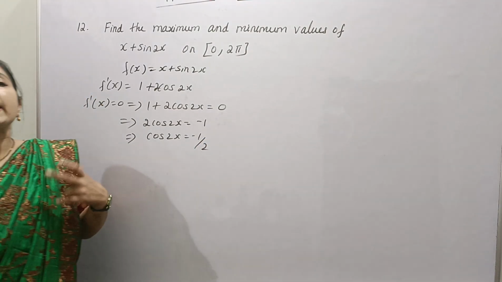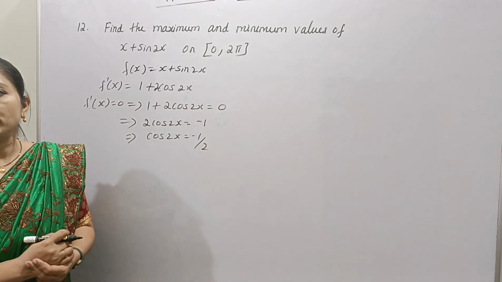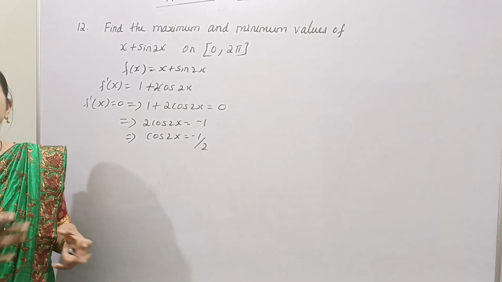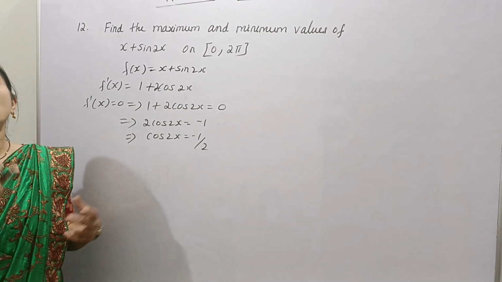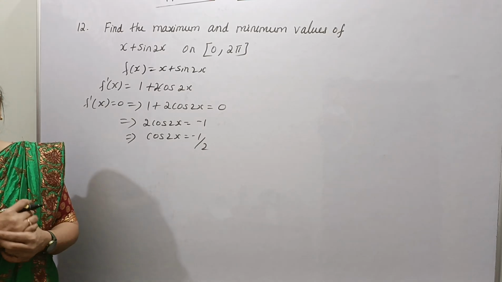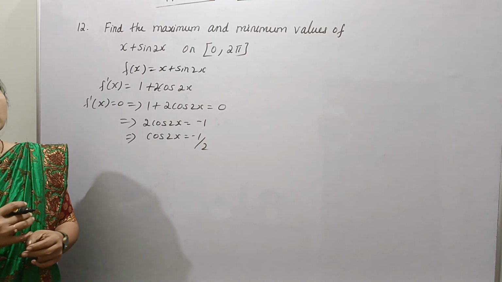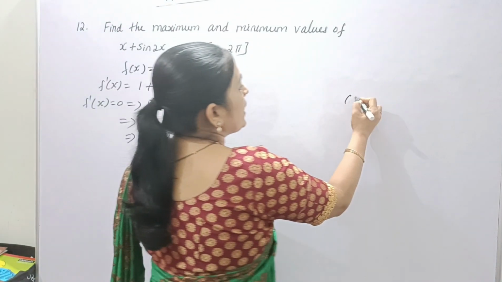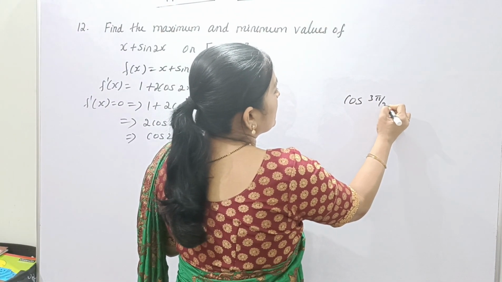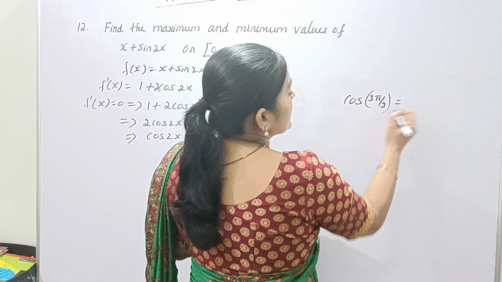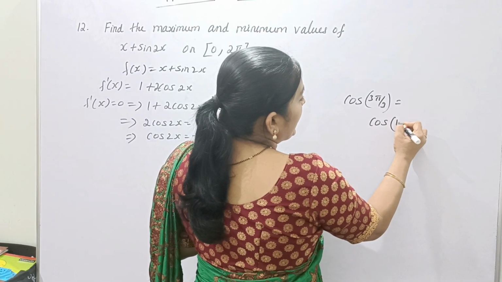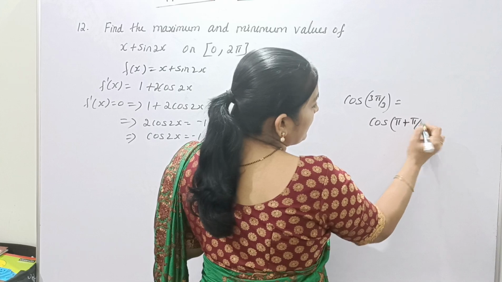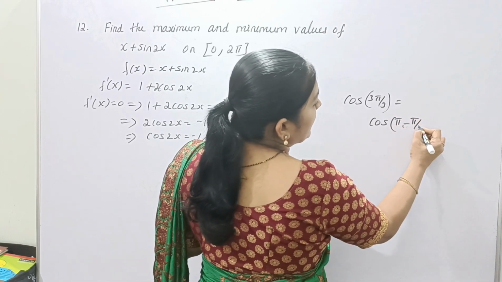See, when cos is minus 1 by 2, we know that cos pi by 3 is 1 by 2, right? Here when cos is minus 1 by 2, what about 2 pi by 3? Cos 2 pi by 3 is cos of pi minus pi by 3.